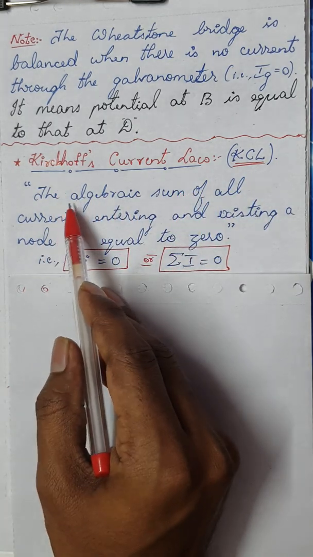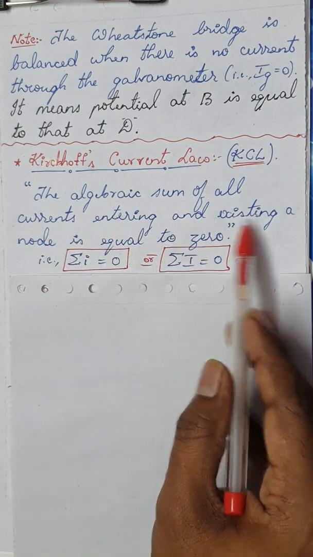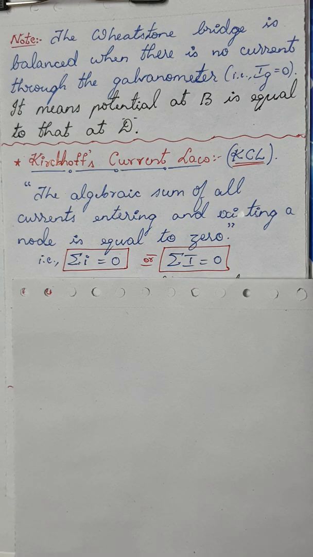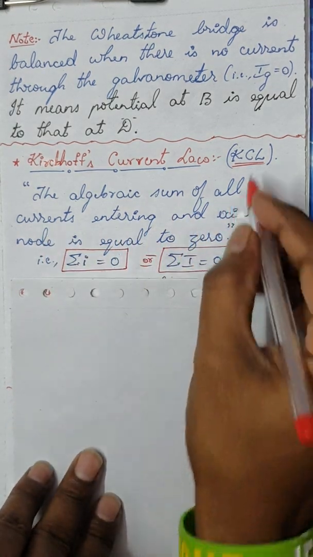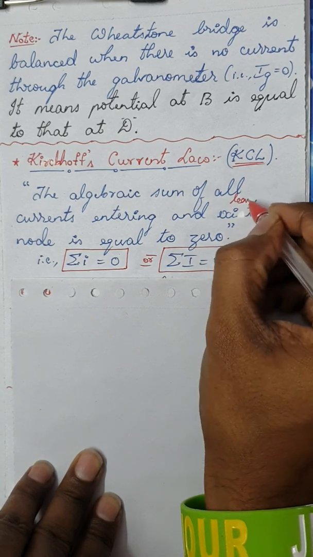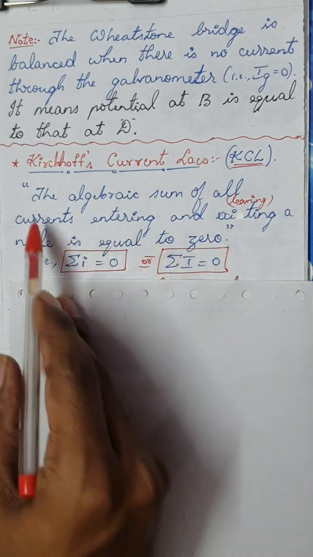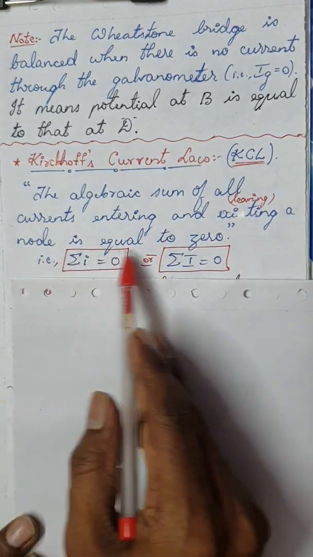Okay, so it states that the algebraic sum of all currents entering and exiting a node is equal to 0.